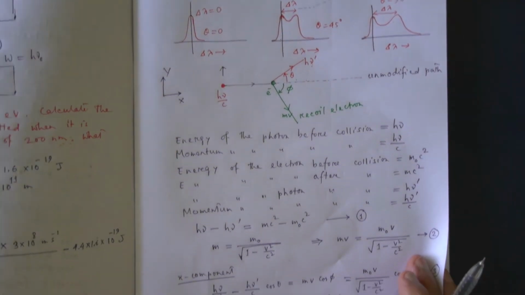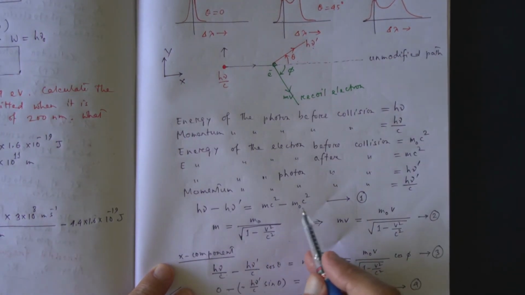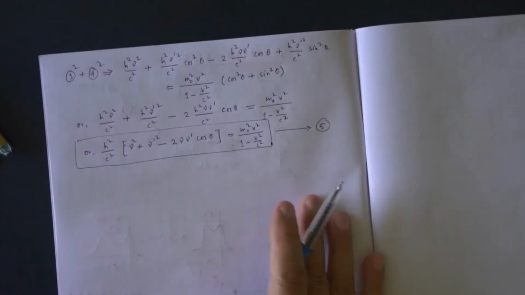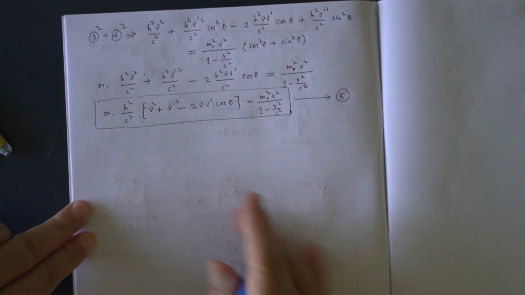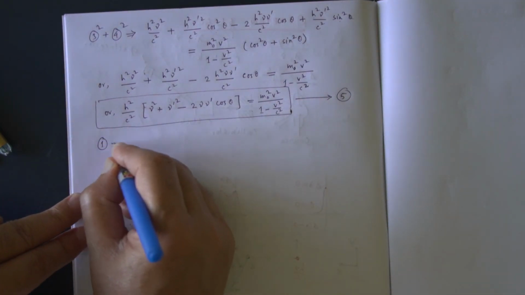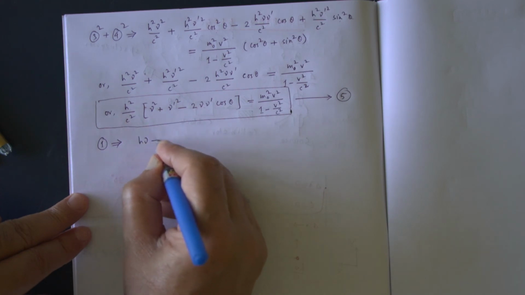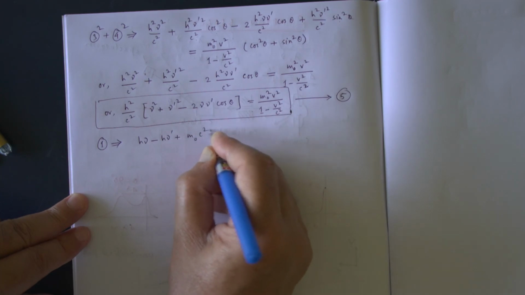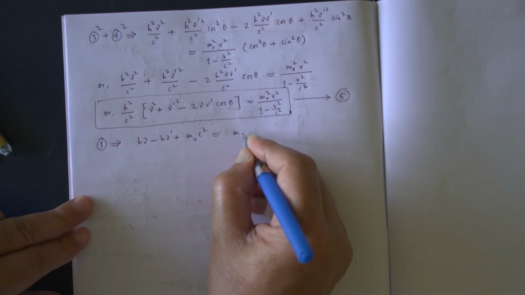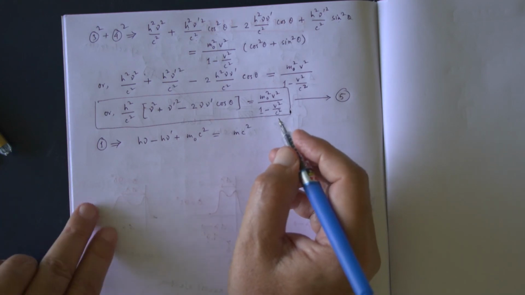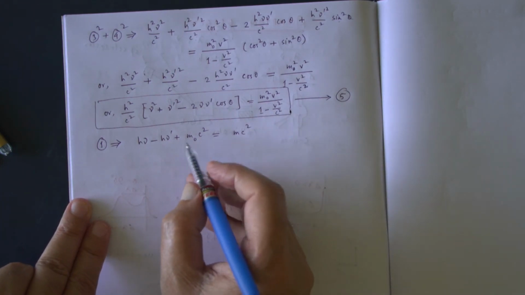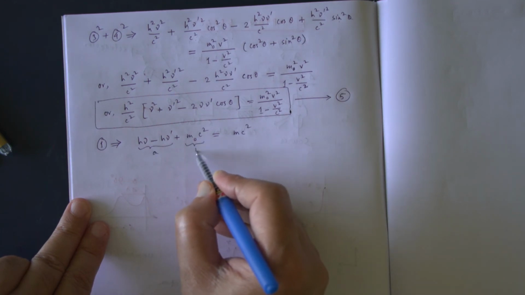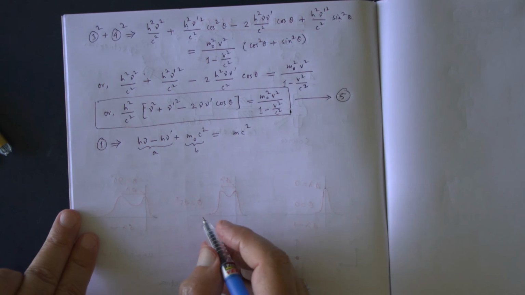Then from equation 1, what can we write? From equation 1, we can write h nu minus h nu dash plus m naught c square equal to m c square. Now if we square this, this is a and this is b, so a plus b whole square.